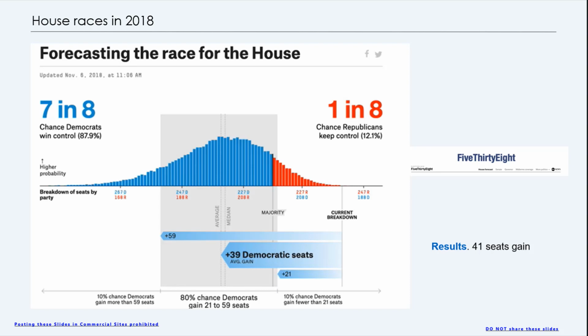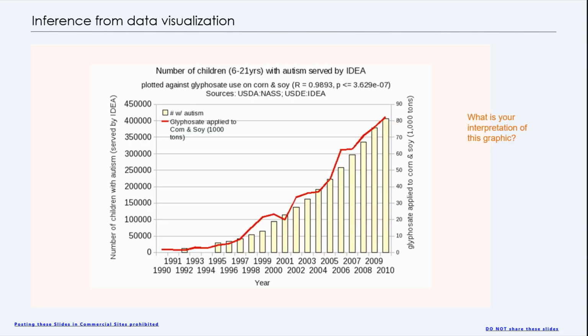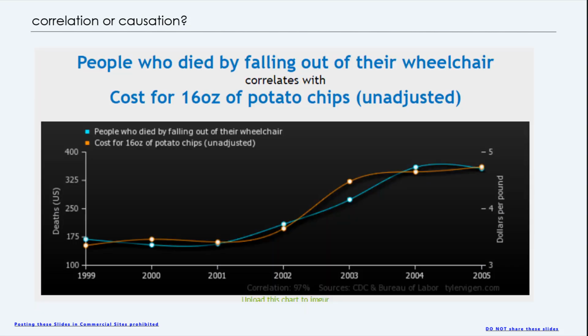So forecasting, for example, the race for the house, this graph could give you various information about things. Poverty mapping would require, for example, collecting GPS data and income in those areas and then plotting them to see which areas have the highest poverty. So we can infer a lot of things from data visualization, and various graphs are shown here.